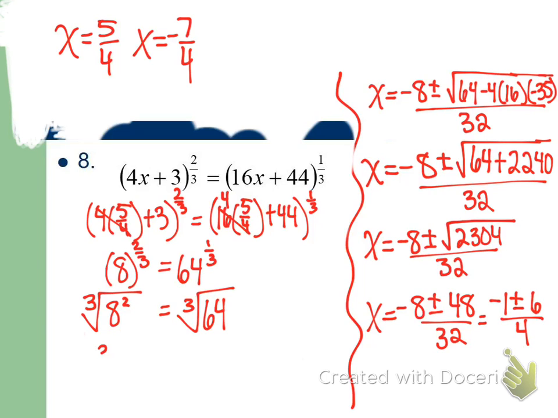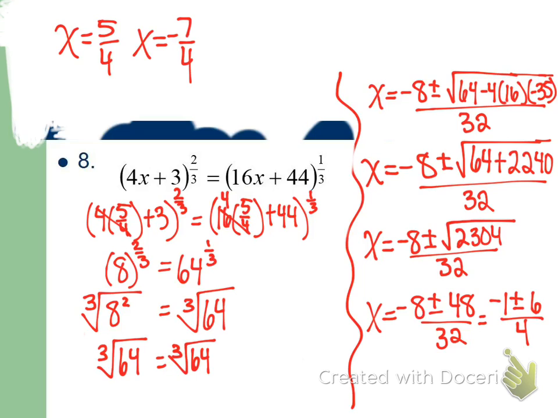What is 8 squared? Do I need to take the cube root of those? No, because I can already tell that it works. They are equal to each other. So that means 5/4 is or is not extraneous? Is not. 5/4 is not extraneous.